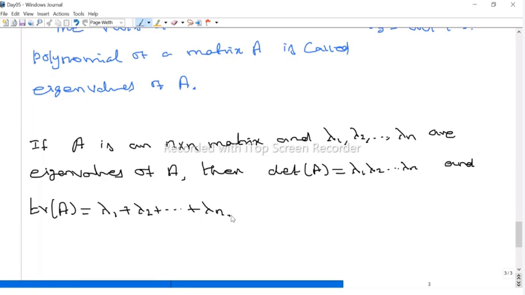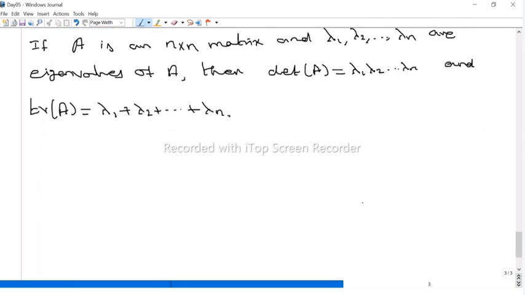Suppose for a 2 by 2 matrix the determinant is given and the trace is given, we can easily find the characteristic polynomial by directly substituting.